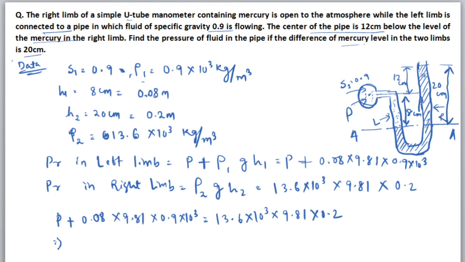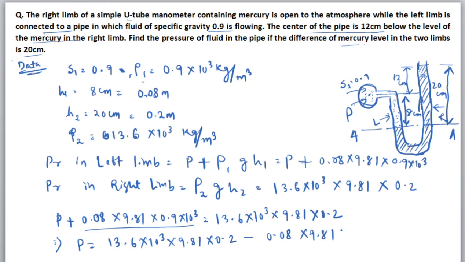So bring this part to this side and minus that thing. So P will be equal to 13.6 into 10 to the power 3 into 9.81 into 0.2 minus 0.08 into 9.81 into 0.9 into 10 to the power 3.